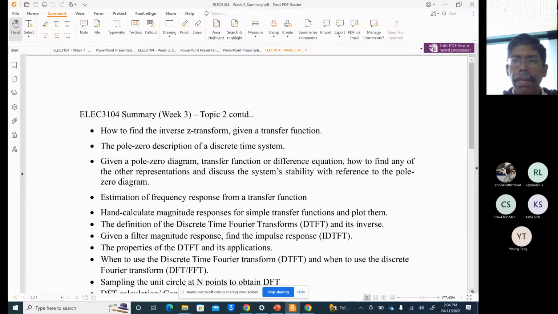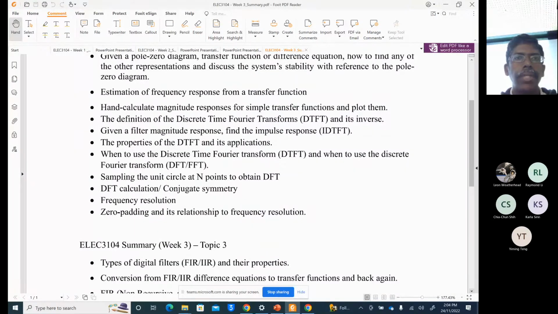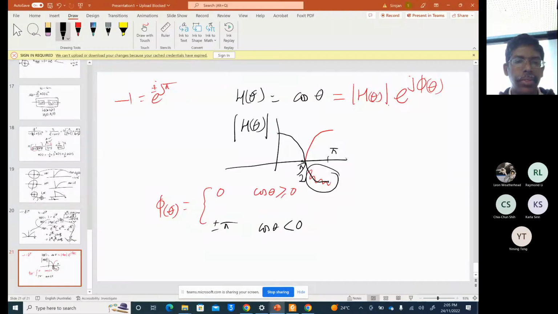And then, from the transfer function, the magnitude response, the definition of the discrete time Fourier transform. Yeah, so then the discrete time Fourier transforms. What is Fourier transform?